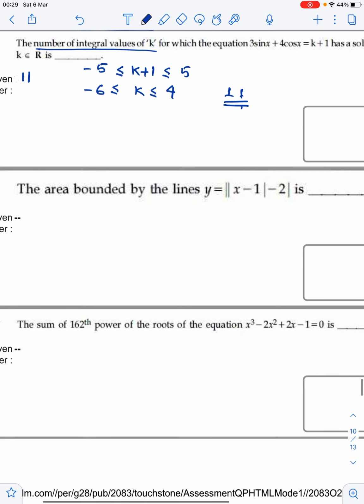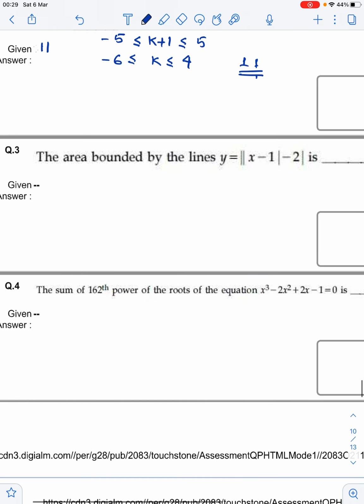Question number 3, if you go by graph, the answer is very easy. The area bounded by this line, modulus of modulus x minus 1 minus 2 whole modulus. So the graph is somewhat like this. First you make modulus x minus 1, which is 1. And then minus 2, this much graph only I am making.